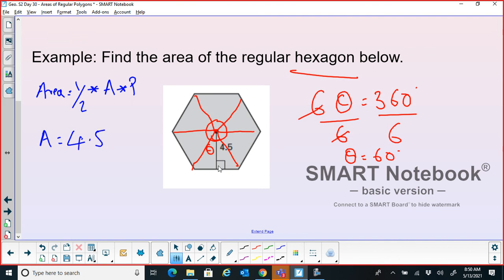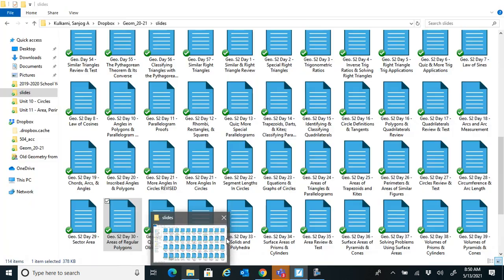I need to find each of these sides. That's the reason I found this central angle. Once I have the central angle, theta equals 60 degrees, I'm just going to redraw this so that to explain, we can apply trig ratios to find the missing side.